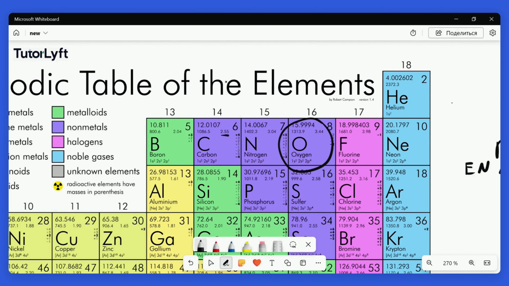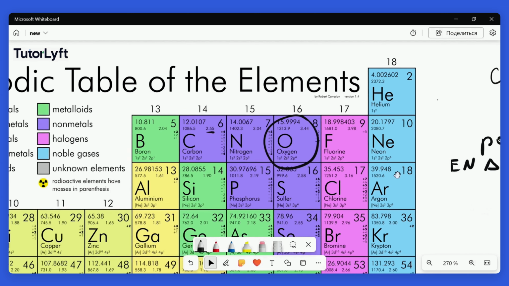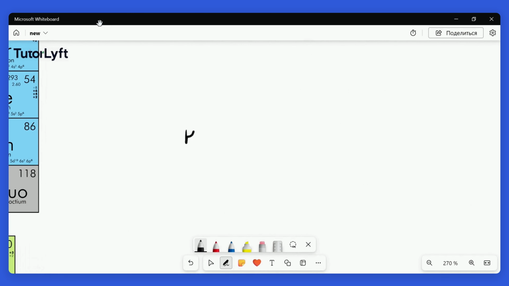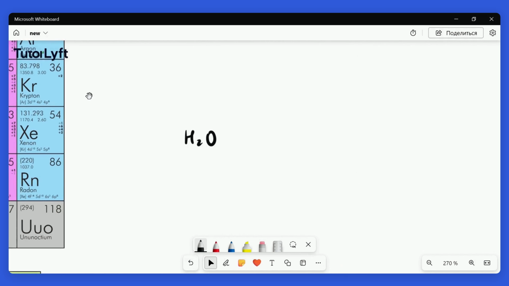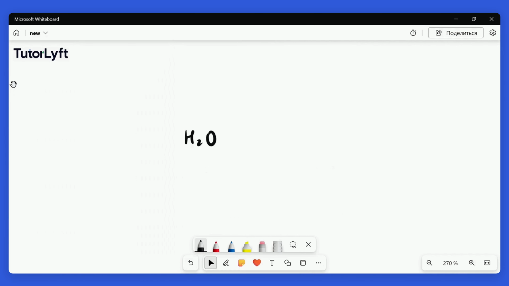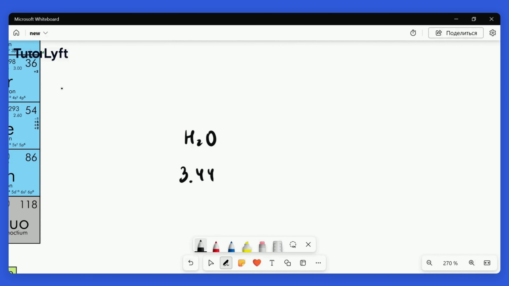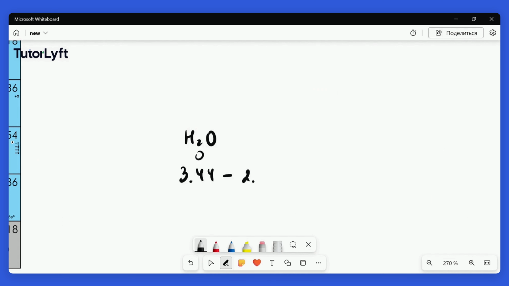So let's write it out. For H2O, we have for oxygen 3.44 minus 2.2. Oxygen, we put 3.44, and we put 2.20 for our hydrogen. Let's calculate this.